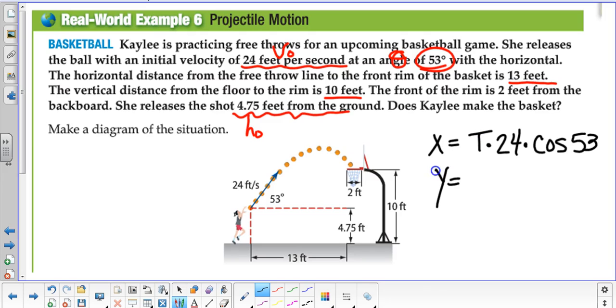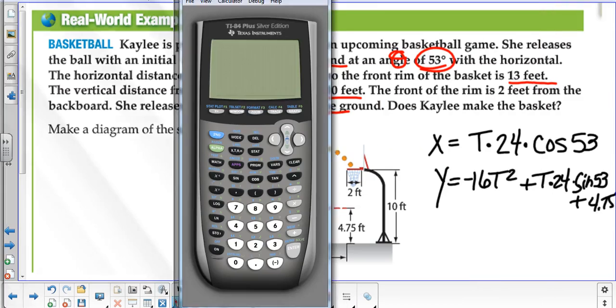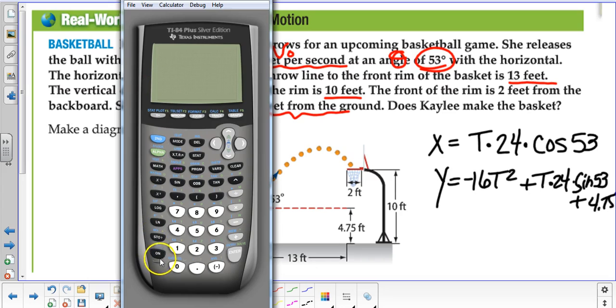And then y equals, and it's feet, so I'm going to go -16t squared plus t times 24 times the sine of 53 plus, how high was this when she let go of it? 4.75. Okay, kind of off the screen there. If you want to try typing this in with me for practice, you don't have to.